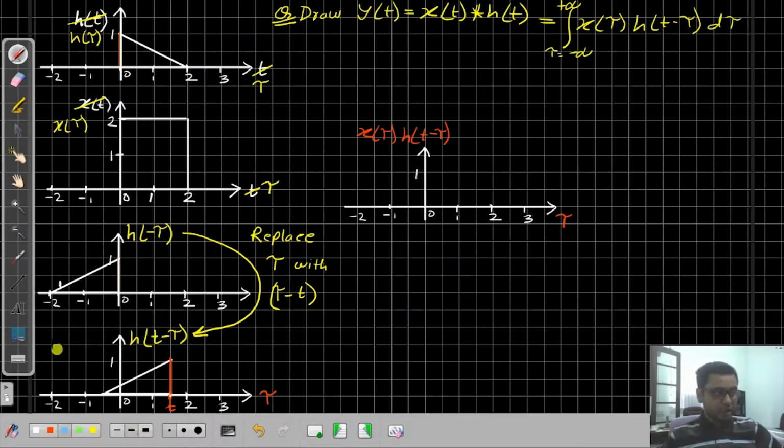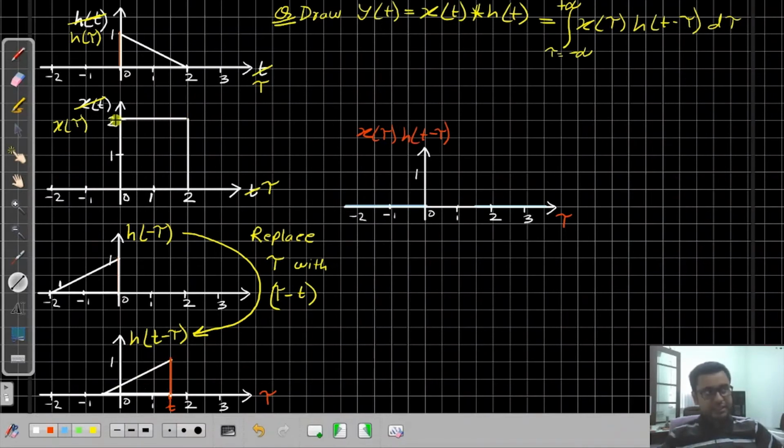So let me draw from minus infinity to here, the product is 0, then from this point t, which is somewhere here, after this point the product is again 0, and between these 2 points, the product will be this signal multiplied by this signal.